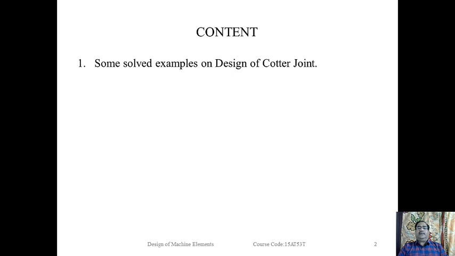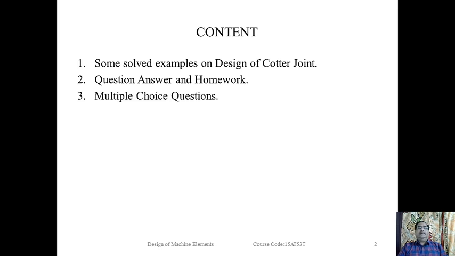Number 2, question answers and homework, where we have some unsolved problems as homework. Third is multiple choice questions, where we have to choose the correct answers. And fourth is the references.